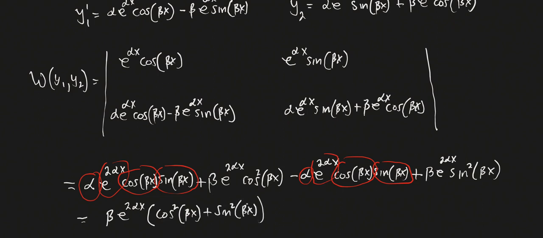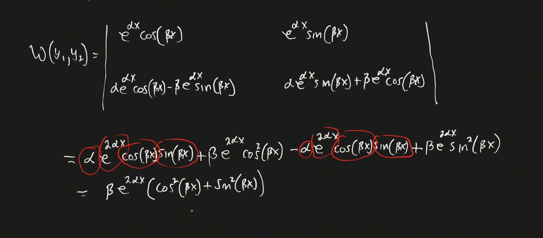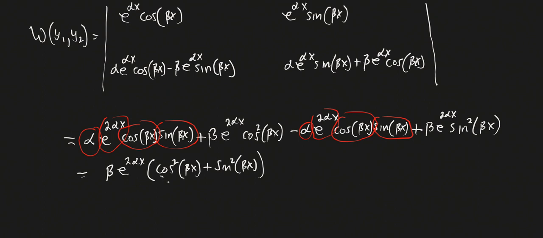And look at that. There is our Pythagorean identity coming to our rescue. This is always 1, right? So the Wronskian works out to be beta e to the 2 alpha x.